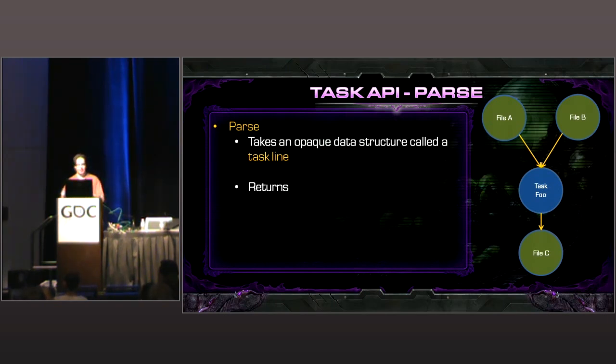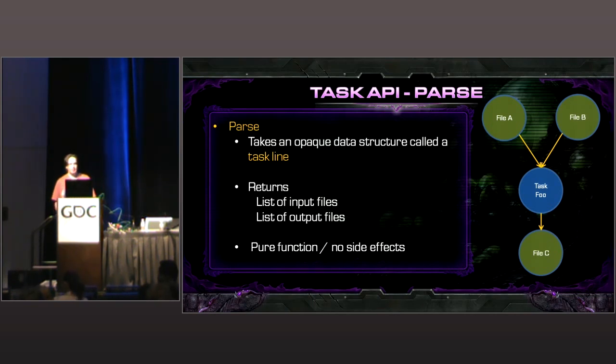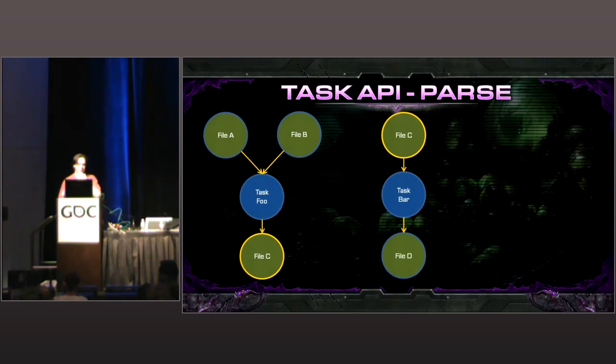The only exception to this is metatasks, which can optionally delegate the creation of files to new tasks that they create. Parse may only use data from the task line when determining the task's input and output files. This means parse can't open or read any files directly. You also don't declare dependencies between tasks, just between tasks and files.